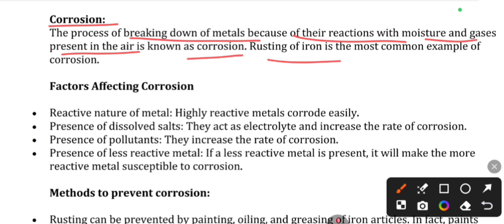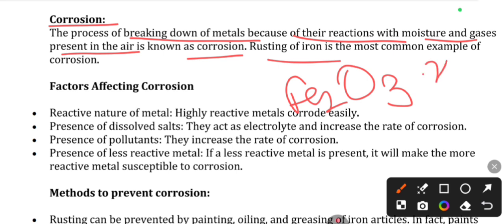So what is the formula of rust? Whenever iron comes in contact with moisture and atmospheric gases, it gives the formula Fe2O3.xH2O. The dot means this water is present in solid state.